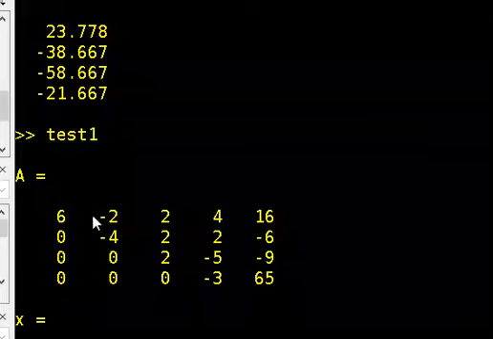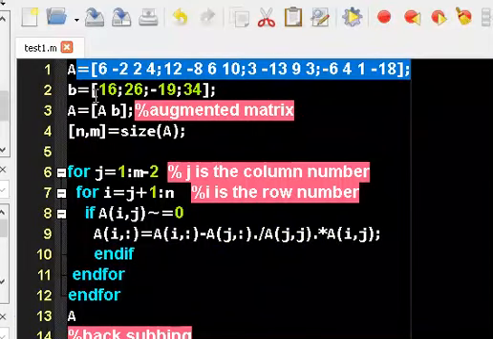Look at the elements under the main diagonal: everything is equal to 0, right? This is your updated right hand side, and this one is your coefficient matrix, which has been changed to an upper triangular matrix. So I hope this Gaussian elimination part is clear now.